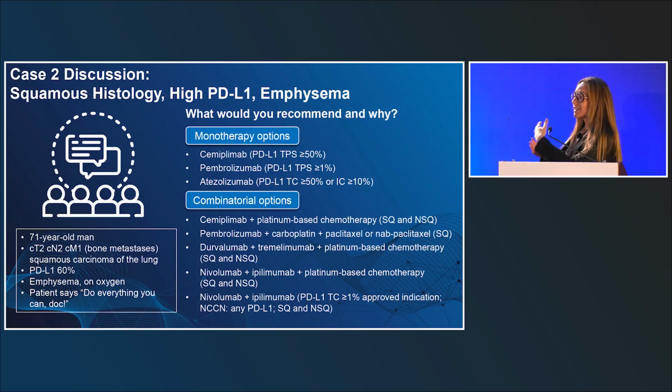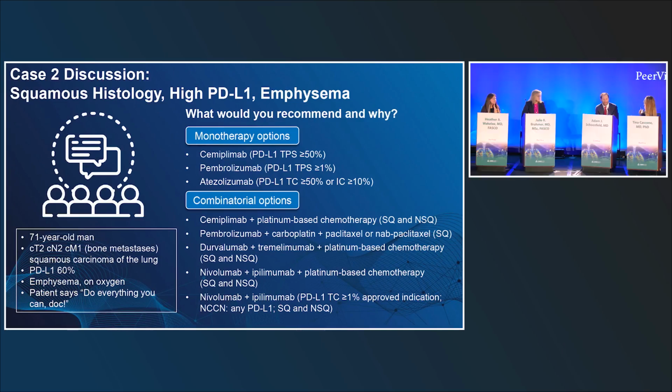Adam, I want to hear your thoughts here, because it sometimes takes education to help the patient understand that more is not necessarily better. Many times patients think two chemotherapies and one immunotherapy sounds so much better, doc, right? Yeah, completely agree.